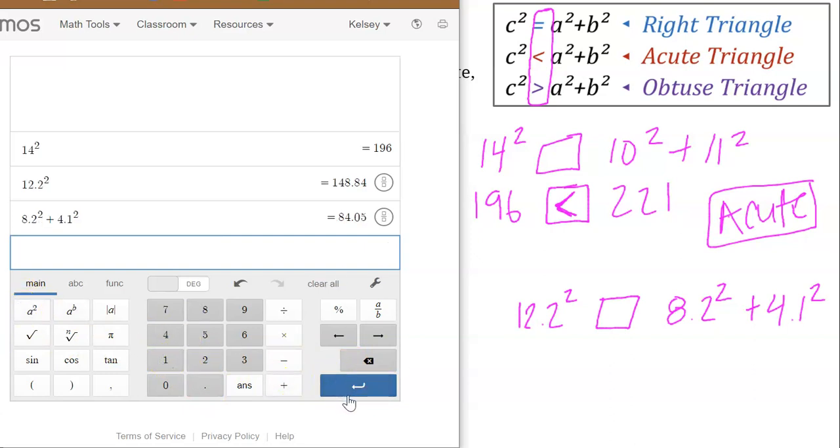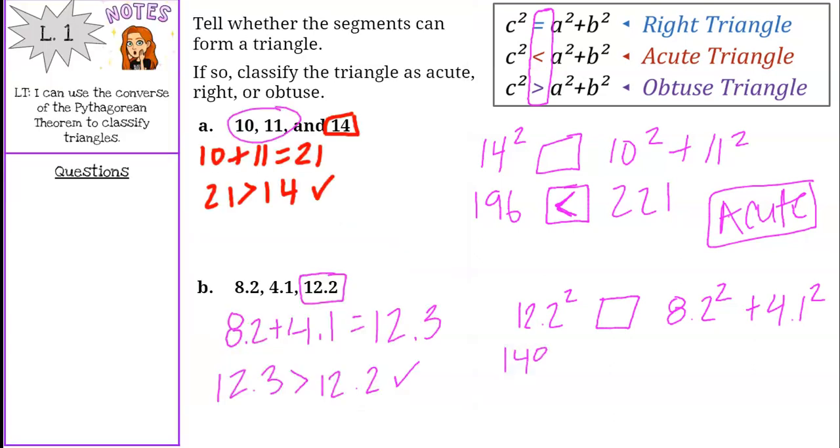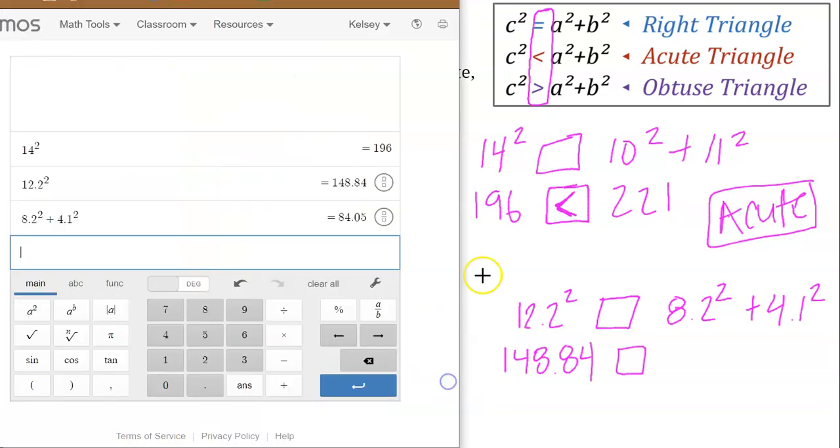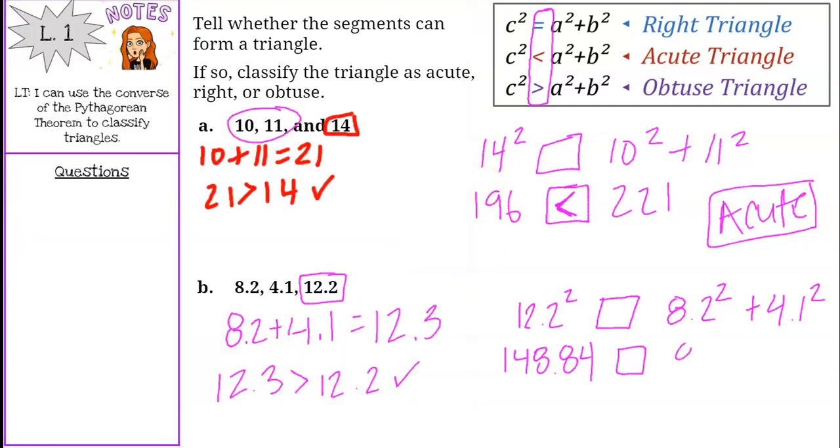We get 148.84 compared to 84.05. 148 is greater than 84, so we put greater than, and we know that is an obtuse triangle.